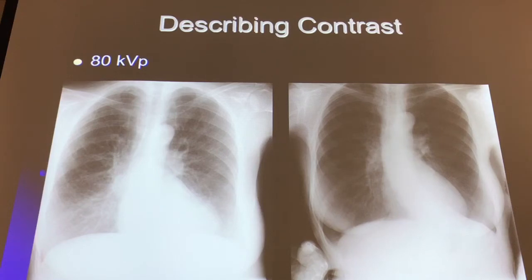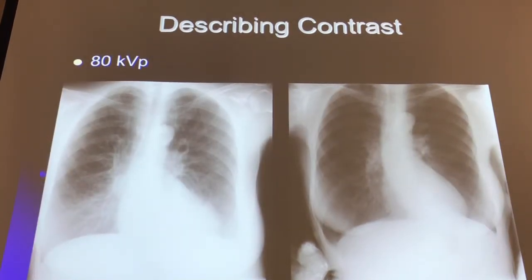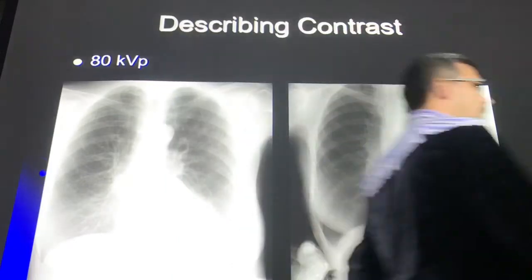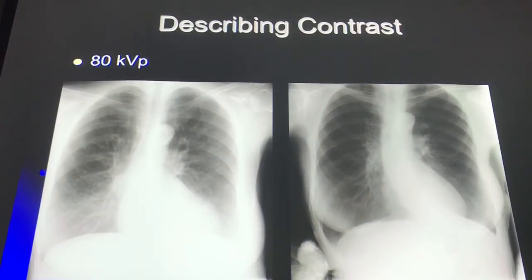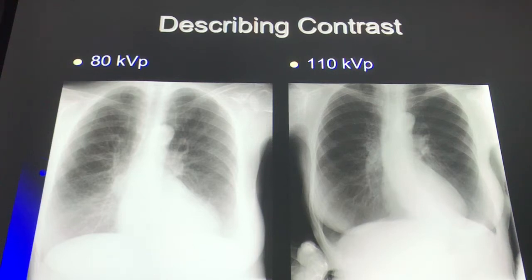Give me one sec. When you look at this image, and let me turn off the lights. When you look at these two images, which one has more density? The 110 has more density, the overall density, right? Okay, and I agree with you guys.